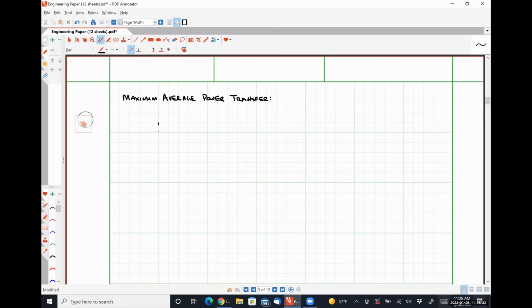Okay, so in a DC circuit, when we had a situation like this, where we had a Thevenin equivalent circuit of any linear network we were interested in, and we connected that Thevenin equivalent network to some load resistance RL, we could observe a voltage drop VL across the load and a current IL flowing through the load.